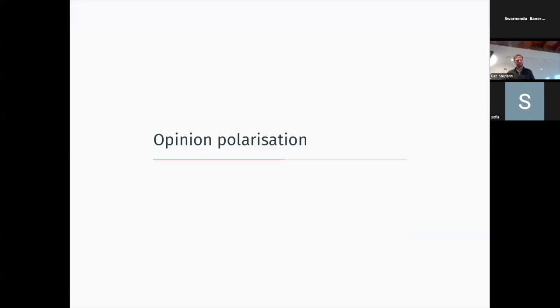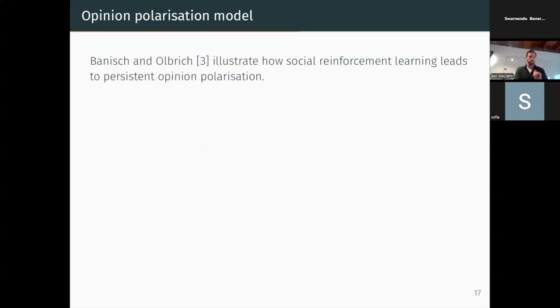But we were studying this and found these results, and we thought it looked quite similar to a different model on opinion polarization, which used Q-learning. There were some subtle differences between our model and this one, but we thought it was weird that they present their model with different results. So what is that model? In 2019-ish, Banisch and Olbrich illustrated how social reinforcement can lead to persistent opinion polarization.